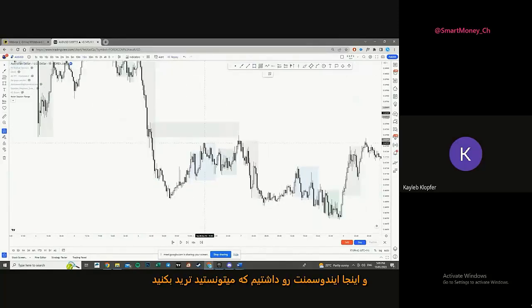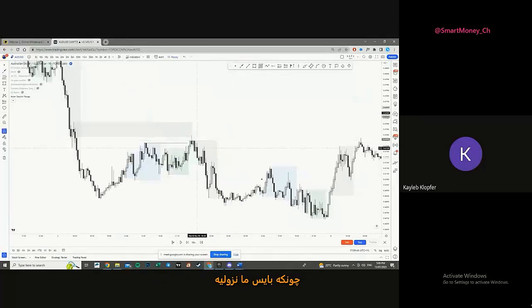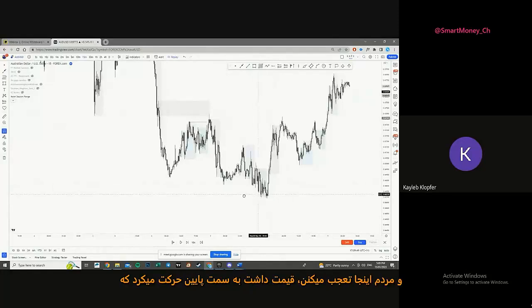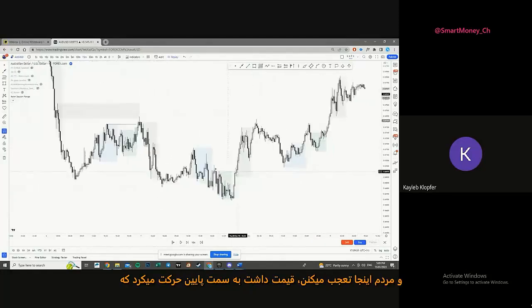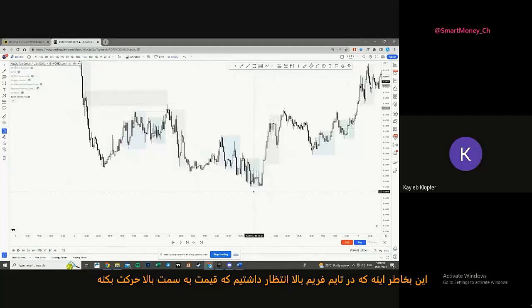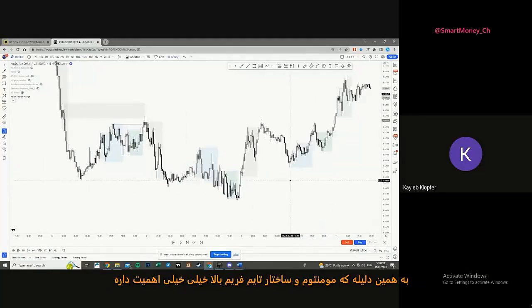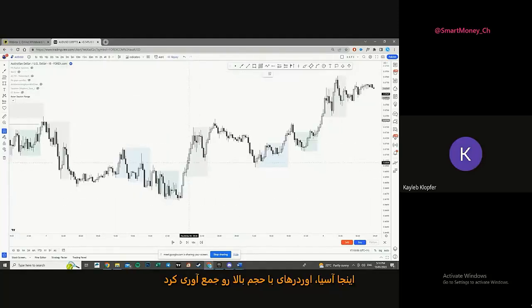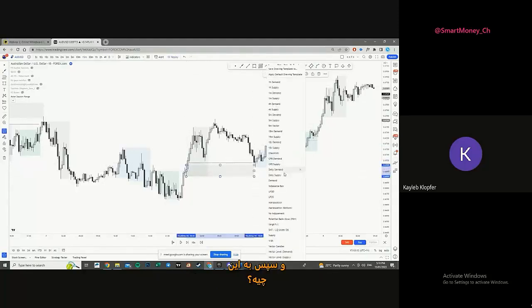Then we had inducement, etc. And you can trade that because we have our bias of moving down. But what happens here is that shift, and then people are like, well, we're moving down. That's because the higher time frame predicted that we're going to keep moving up. So that's why higher time frame is so important with momentum and structure, because it really determines where we have those movement shifts. Asia grabbed high volume orders.